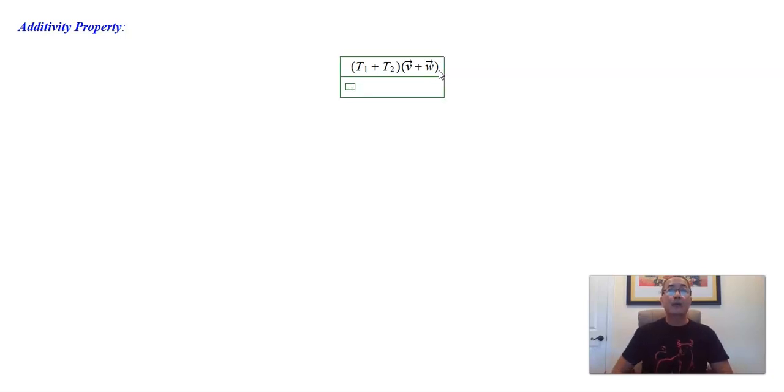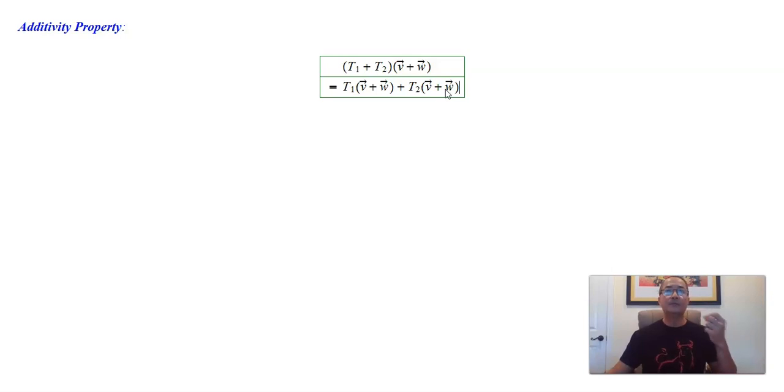Okay, so how do we get there? Well, what is the definition of T1 plus T2 evaluated at V plus W? It means that we take T1 and we evaluate V plus W, and then we take T2 and we evaluate it at V plus W.